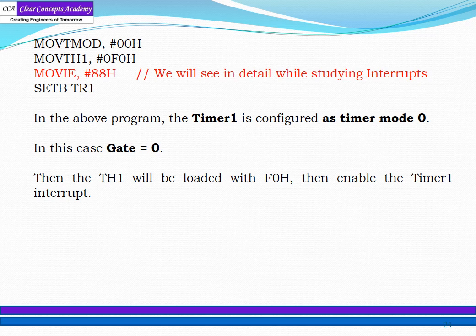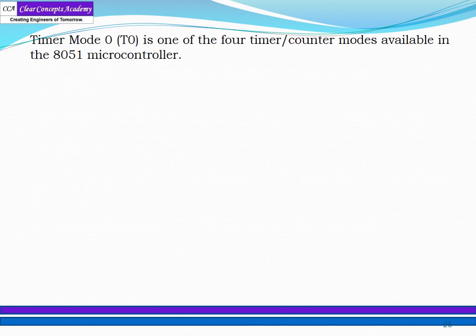Then enable the timer 1 interrupt. At last, set the TR1 of the TCON register and start the timer. Set means make TR1 equal to 1 and timer 1 will start running.